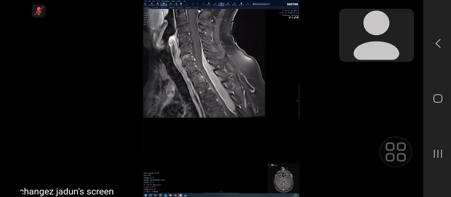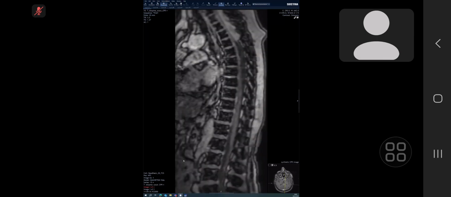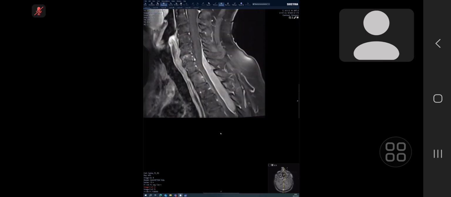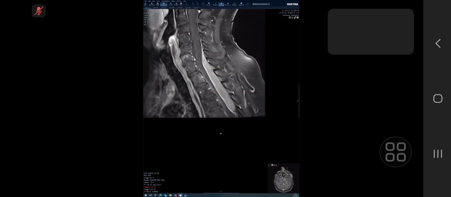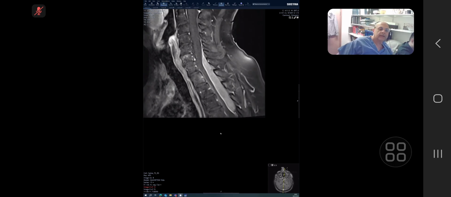My differentials for this lesion: it can be arising from the dura. It can be a meningioma. Remember, meningiomas usually go inside the dura, extramedullary intradural.